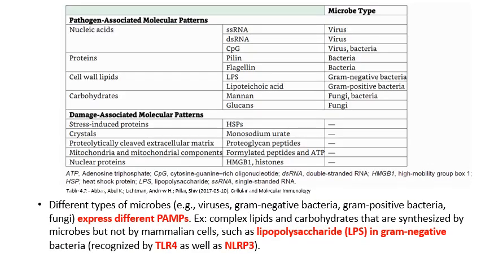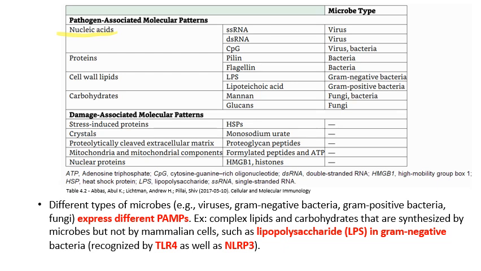Okay, so what is it that these patterns are recognizing, really? What are the patterns on the pathogen that have to be recognized? Well, the first thing you're going to recognize is what allows the microorganism to survive, meaning the genetic material. So you're going to recognize nucleic acids in your pathogen, but then you should start thinking, wait a minute, my cells have nucleic acid.